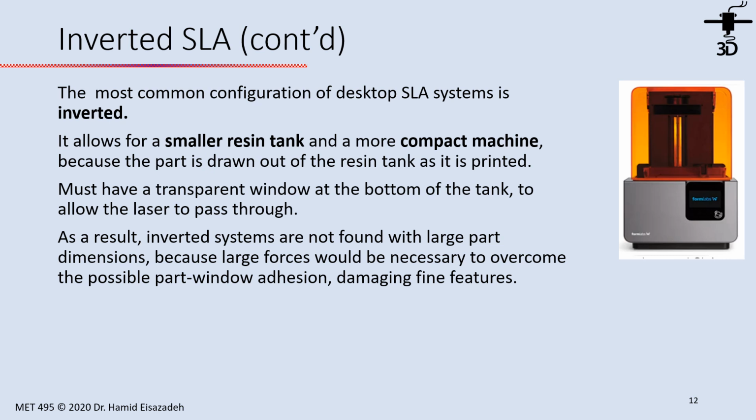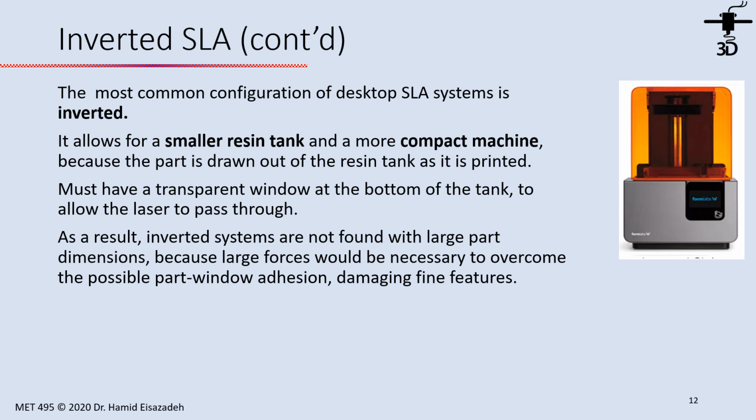This increases the size of the printer, right? Because you have a large resin tank, the machine has to be large. But in the inverted, we have a smaller resin tank, and it is more compact, and the part is going to be drawn out of the resin tank.